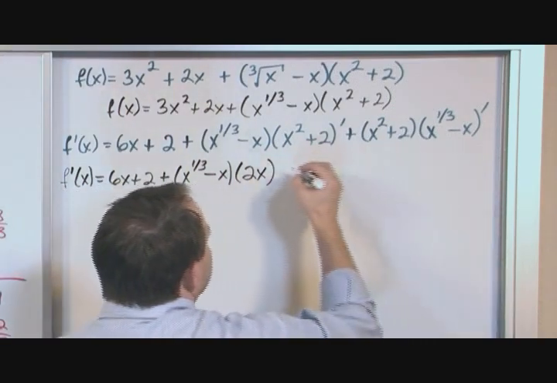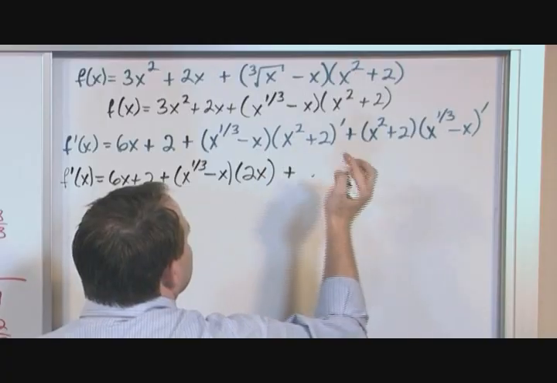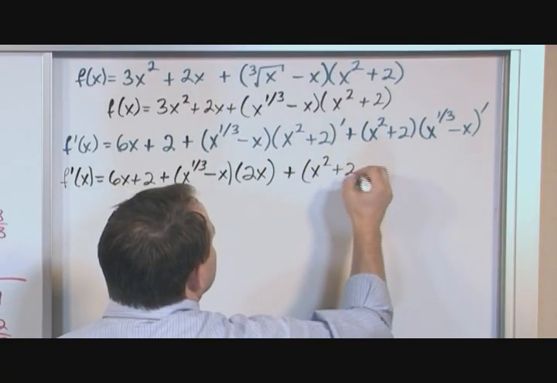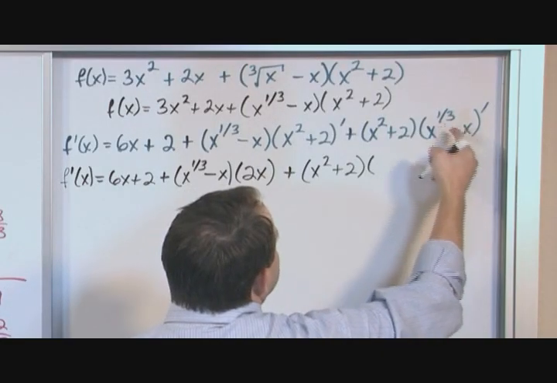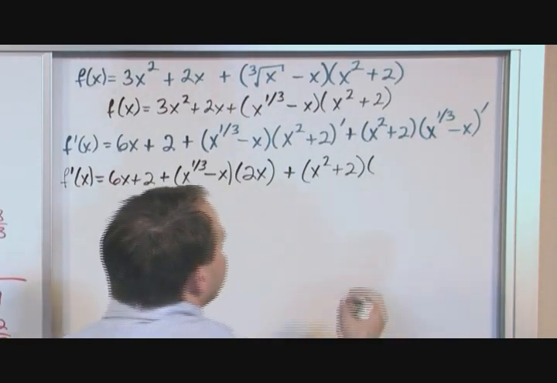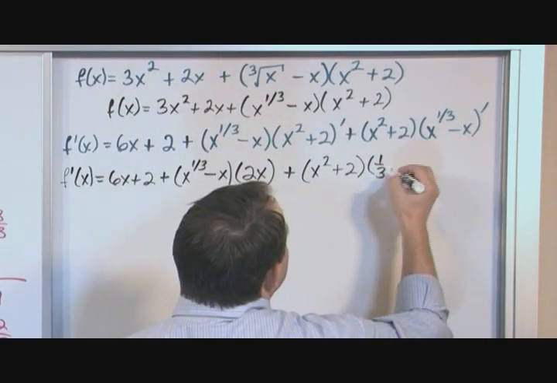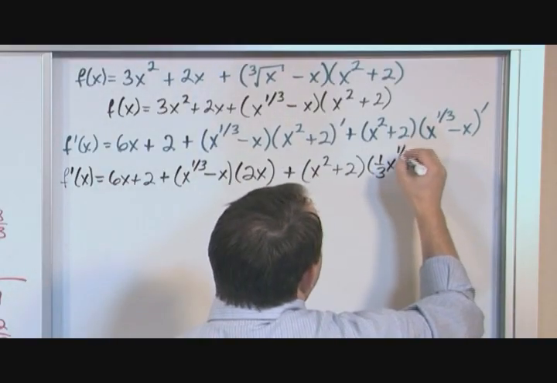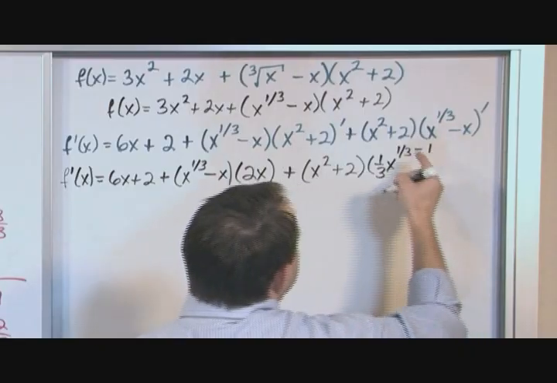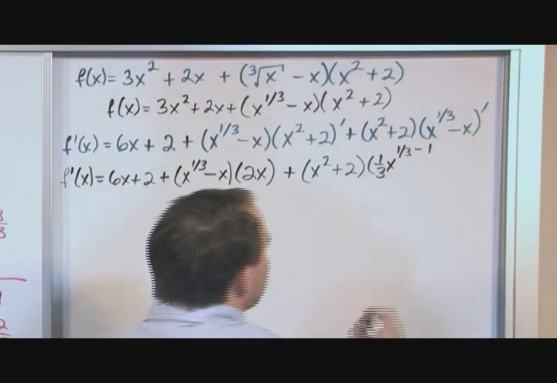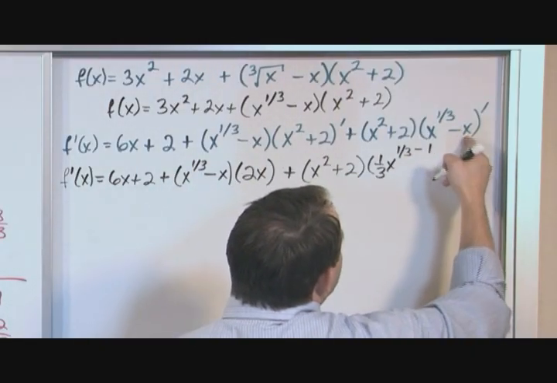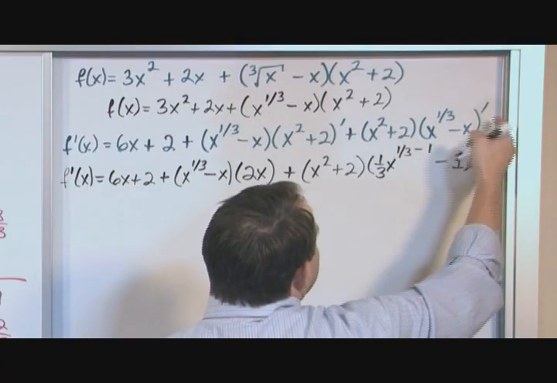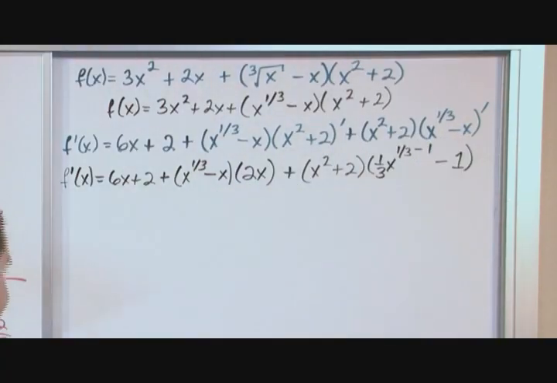Over here, I'm just going to have plus x squared plus 2. Take the derivative of this. Taking the derivative of the first term is just 1/3 x. And now I have to take 1/3 minus 1 in that exponent because I'm subtracting 1 off of that exponent. And then I take the derivative of this, it's going to be just minus 1 because the exponent comes down, x to the 0 makes it all disappear.